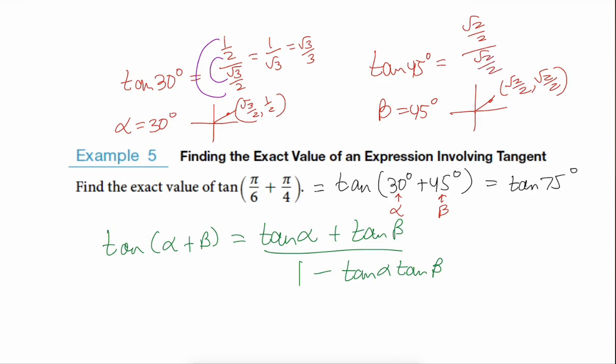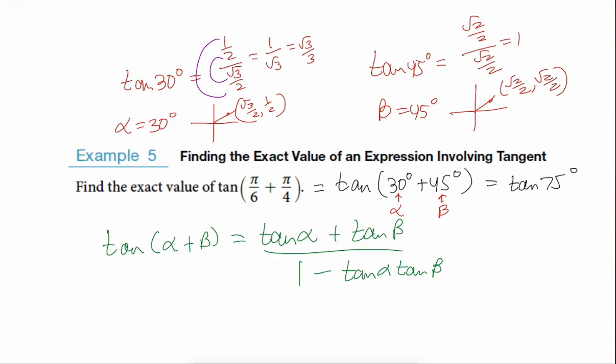You can do big C over little c, but I hope you realize that anything divided by itself is always equal to 1, so that will reduce down to 1. When you do big C, little c, which one goes on top and which one goes on the bottom? I always say it big C over little c to help you remember that. The big C goes on the top, the little c goes on the bottom.